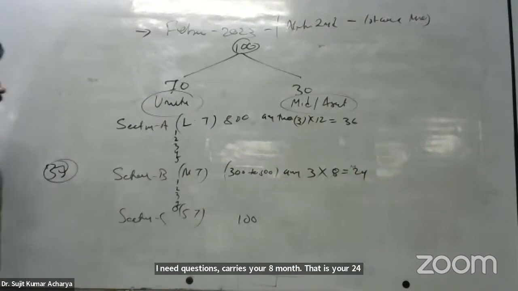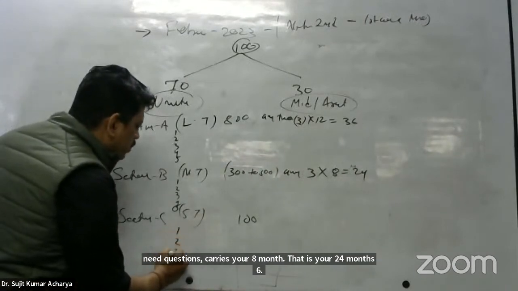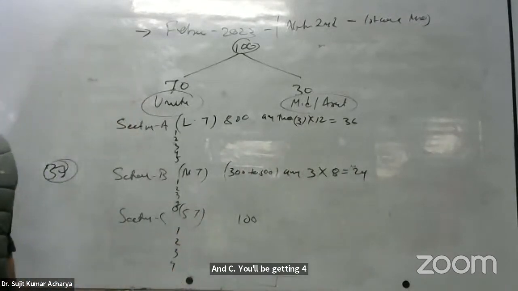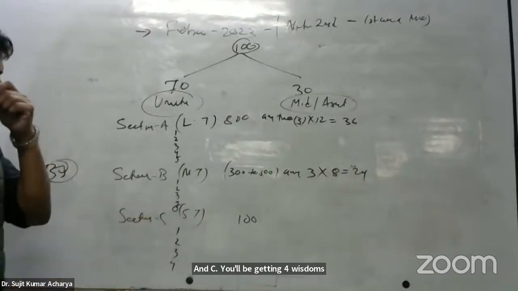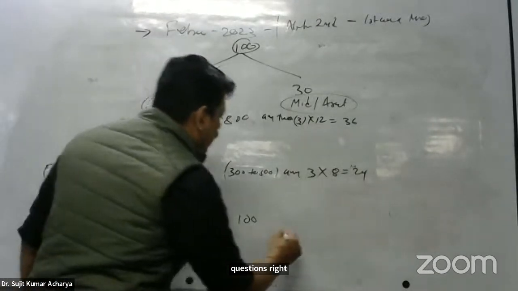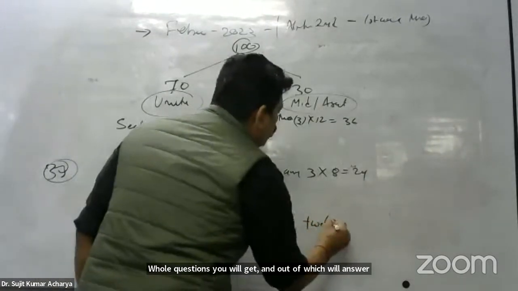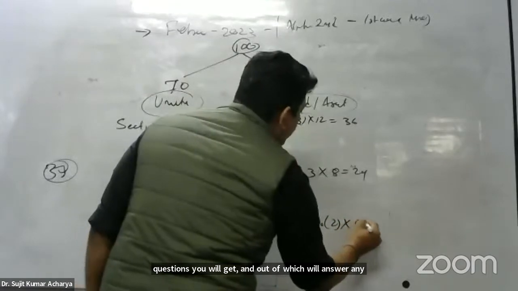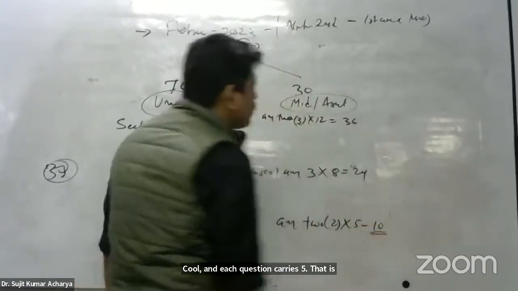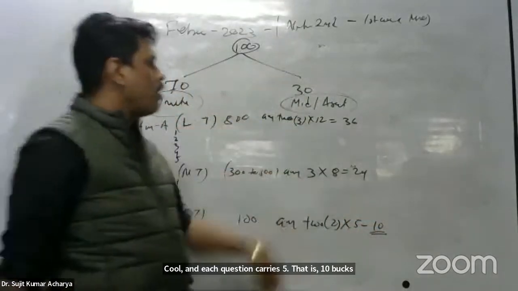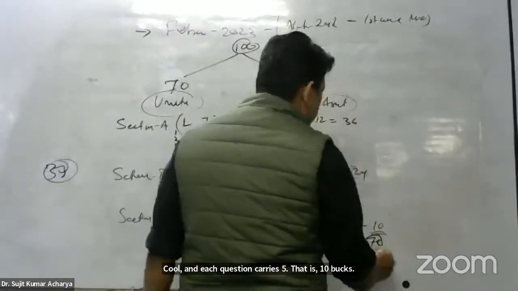In section C you will be getting 4 questions, right? Out of which you will answer any 2, and each question carries 5 marks, that means 10 marks. So this is all about your 70 marks.